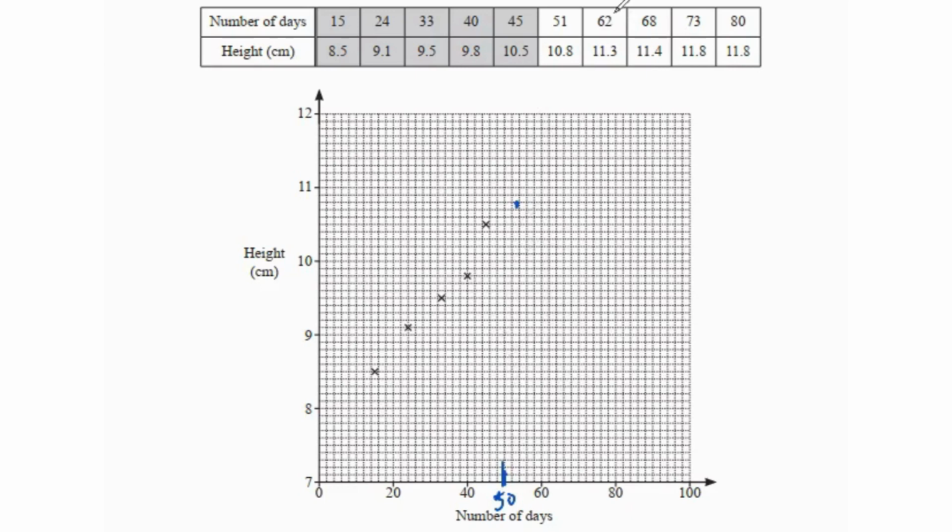Yeah, I think that is that. 62 and 11.3. And 68, 11.4. And 73 and 11.8.